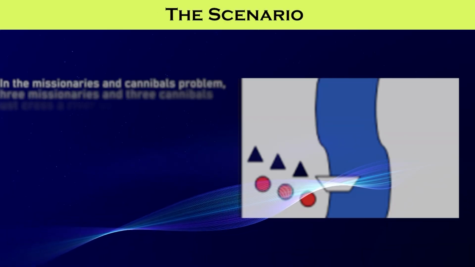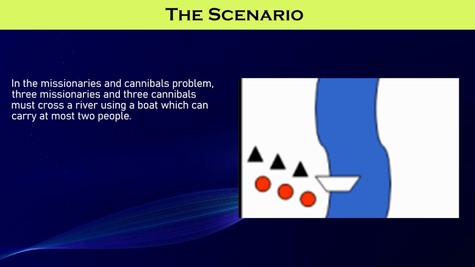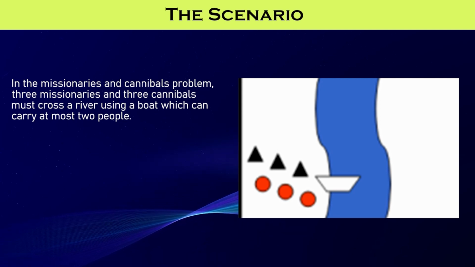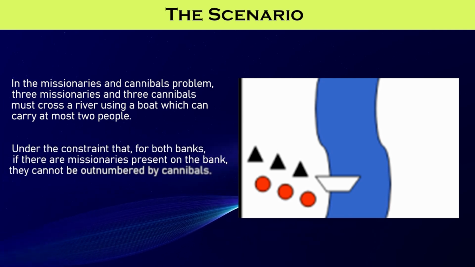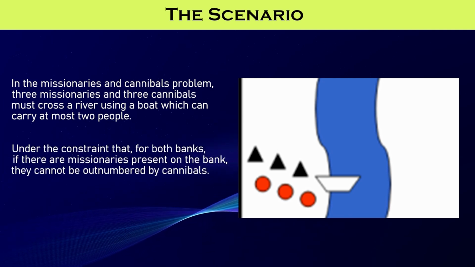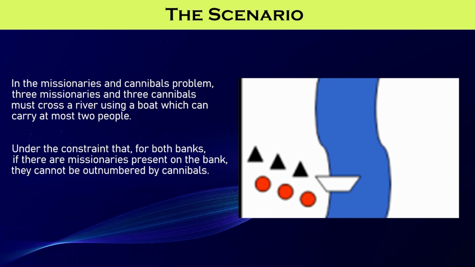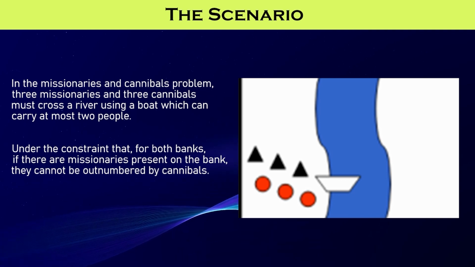In the missionaries and cannibals problem, 3 missionaries and 3 cannibals must cross a river using a boat which can carry at most 2 people, under the constraint that for both banks, if there are missionaries present on the bank, they cannot be outnumbered by the cannibals.